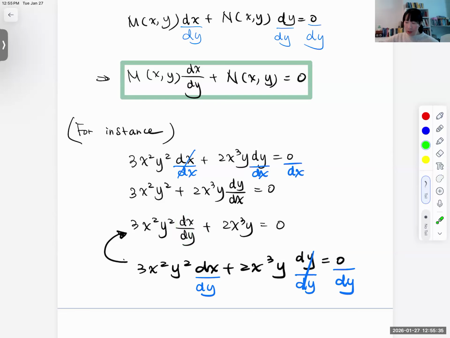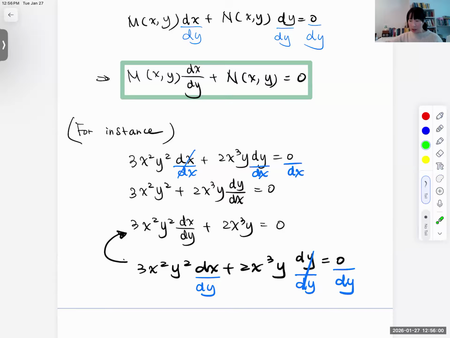This means we're looking at the equation and we want the derivative with respect to x. And for this one, we're looking at the equation of x, then we do the derivative with respect to y.